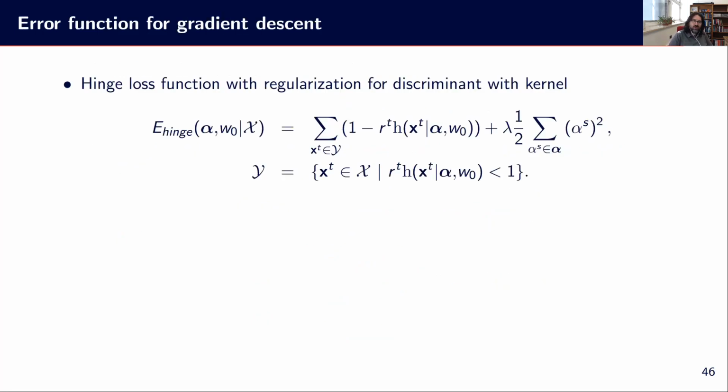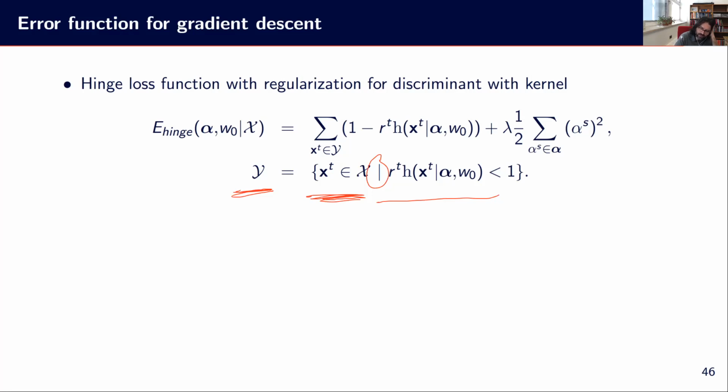And if we go back to the hinge loss formulation, we had this hinge loss before. So the error for the hinge loss corresponds to that thing. The max that we had before is replaced by splitting the data between the correctly classified out of the margin and the ones in the margin. So our set Y here corresponds to the set of data in our data set such that RT times H of xt is less than 1.